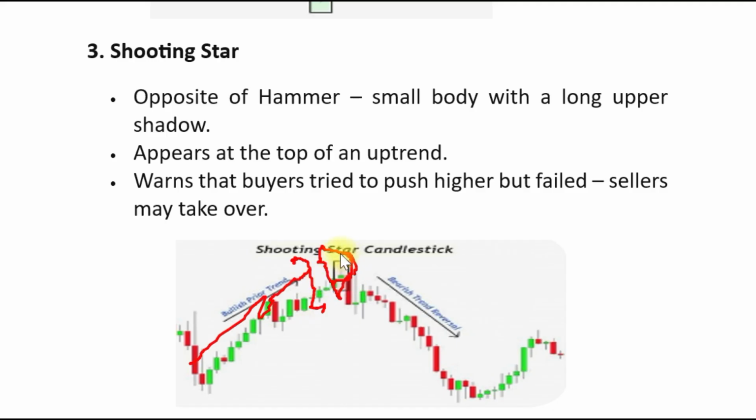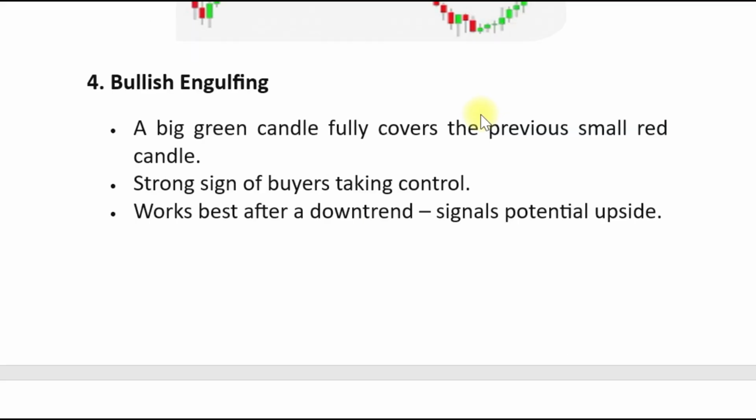If the candlestick is formed in the uptrend, then we can take a short sell position. The candle which looks like an inverted hammer with a long tail formed at the upside, then we can take a short sell position.